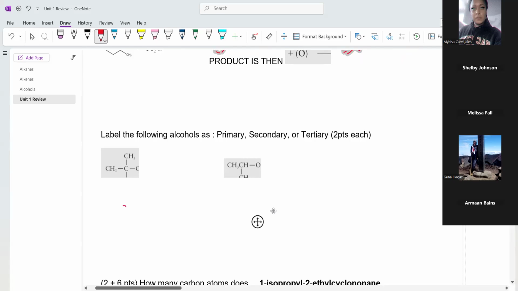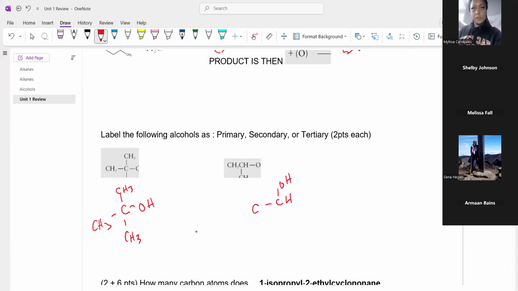Let's redraw these here. Okay, so this is going to be tertiary.